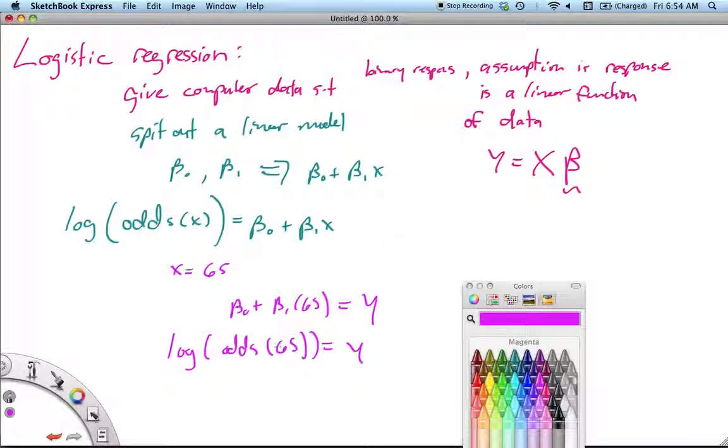And just to hint at how you would unpack this, you can undo the log with an anti-log.